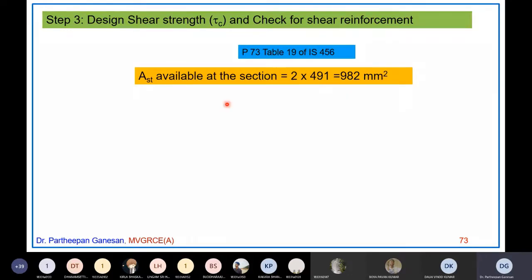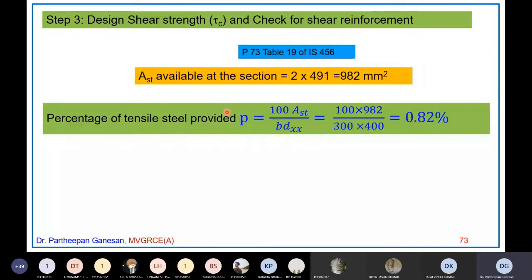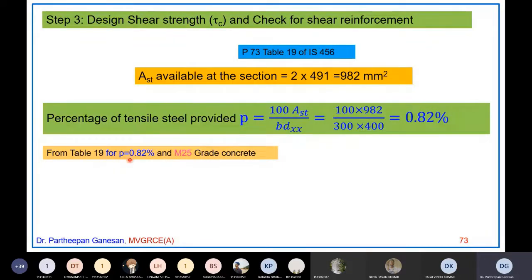So from table 19, 100 Ast by b d, the percentage of tensile steel provided at this section, is 100 Ast divided by b d,xx. 100 into Ast 982, b is 300, d at the section is 400. It is coming out to be 0.82%. And from table 19 for 0.82% and M25 grade, you already know this interpolation.